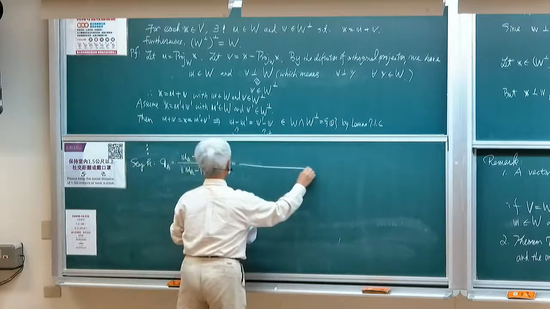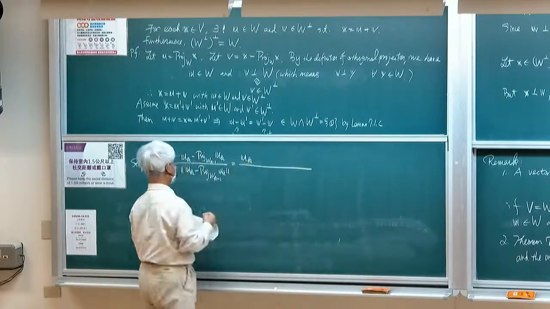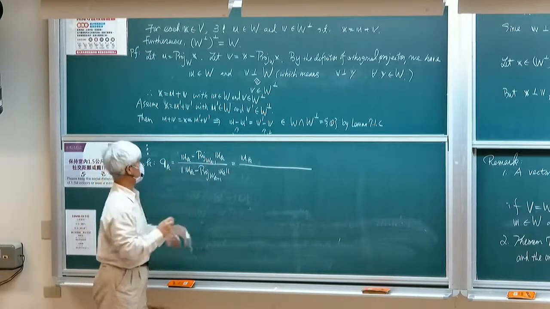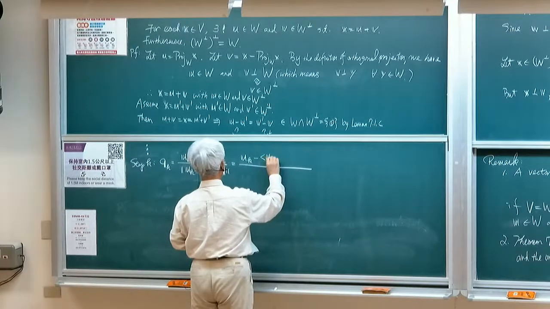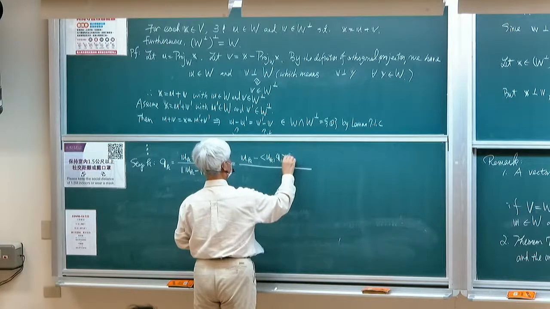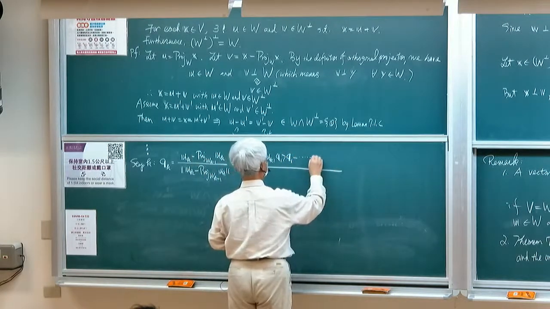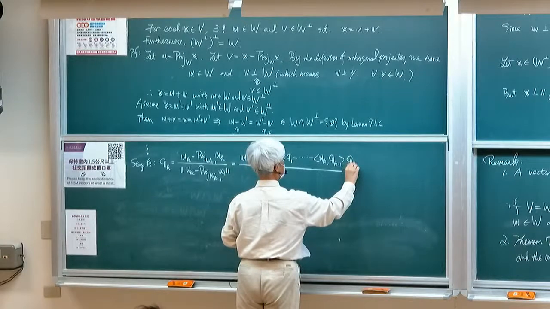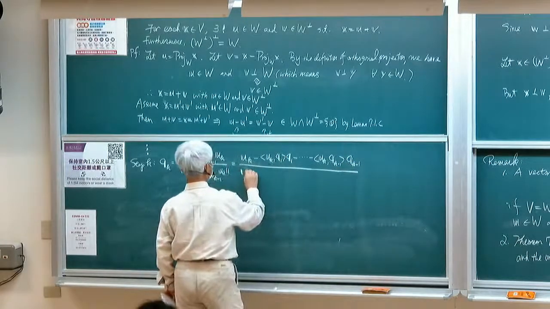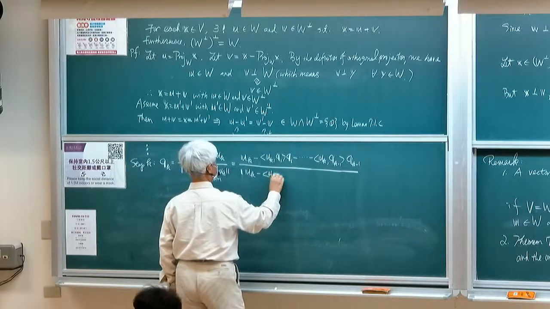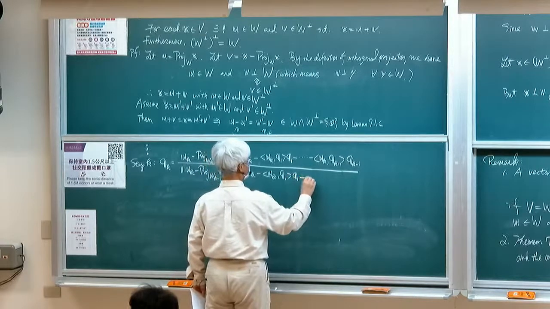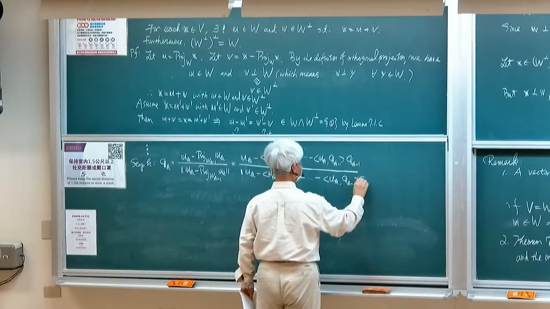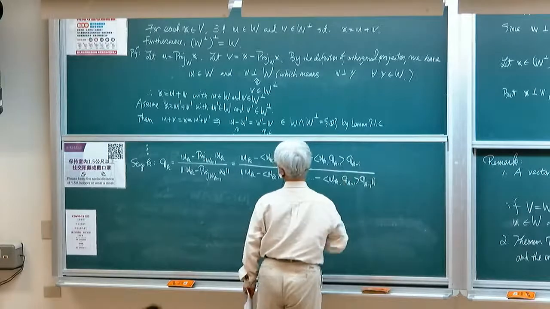Because we already found an orthonormal basis for WK minus 1, this projection is computed from that basis.